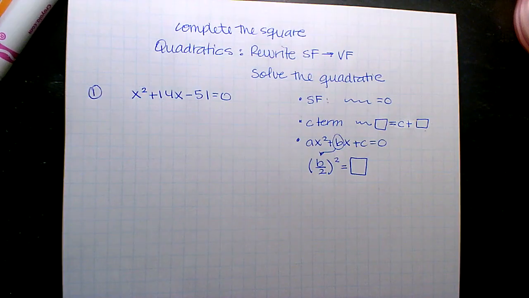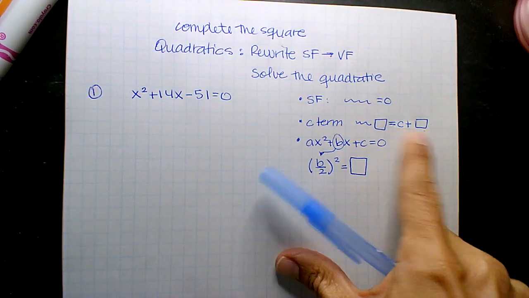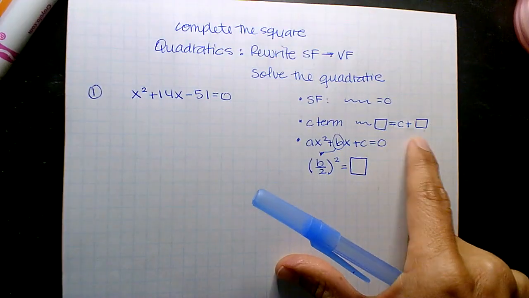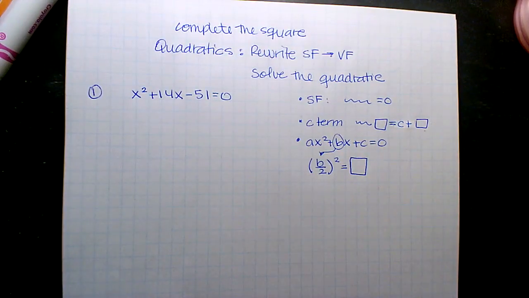Okay, first you want to make sure it's in standard form, ax squared plus bx plus c equals 0, which it is. Perfect. Second step is take the constant term, the c term, jump over the equal sign and bring it to the right, and then we're going to make space saver boxes. Afterwards, you don't have to write boxes; you can just leave space.